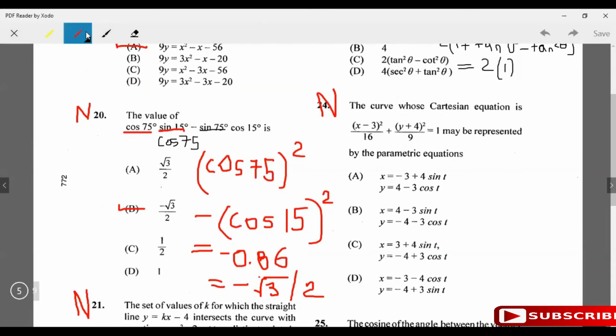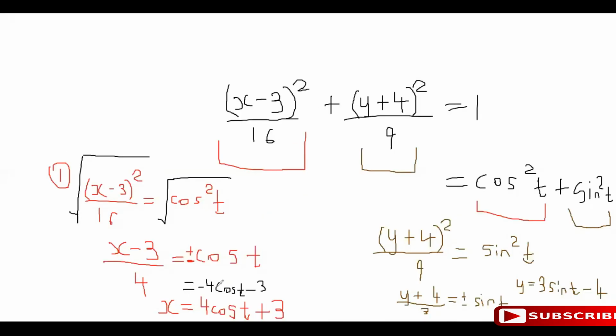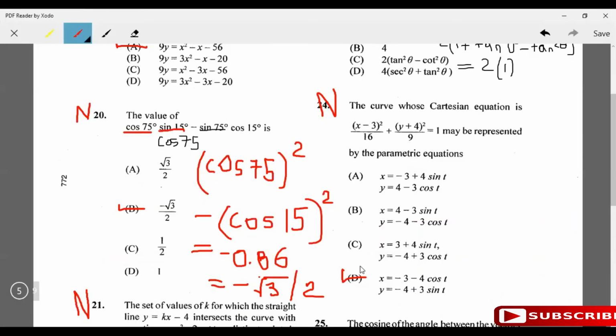All right, so there it is. It is the one with the negative solution. It's option D. X is negative 3 minus 4 cosine t. Here we have it. Negative 4 cosine t minus 3 is the same as negative 3 minus 4 cosine t. And y is negative 4 plus 3 sine t.